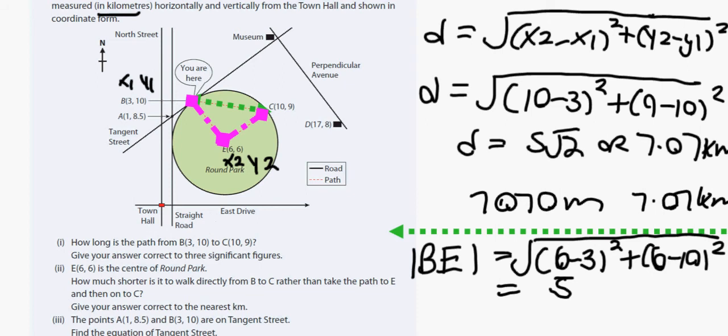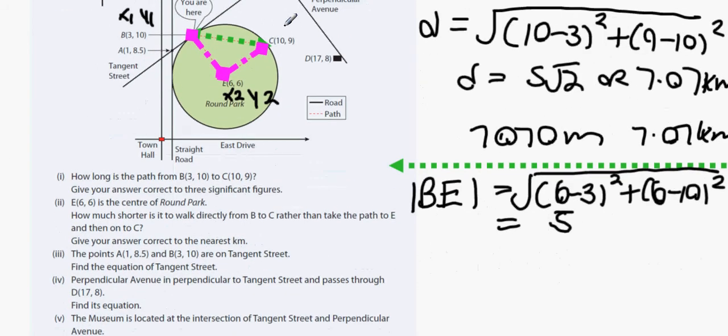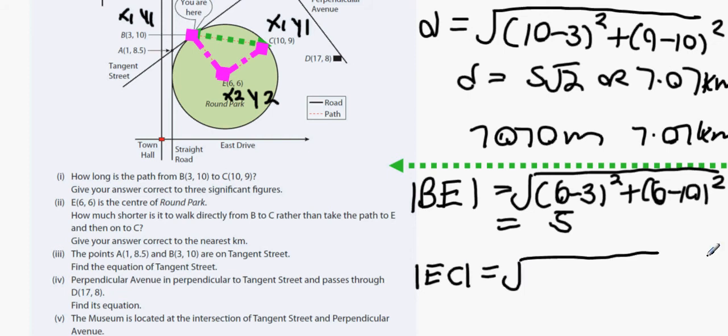Now we've got to find the length of EC. And for this one, we're going to call C x1, y1, so 10 and 9. So the length of EC is going to be the square root of x2 minus x1 squared, so it's going to be 6 minus 10 squared plus 6 minus 9 squared.